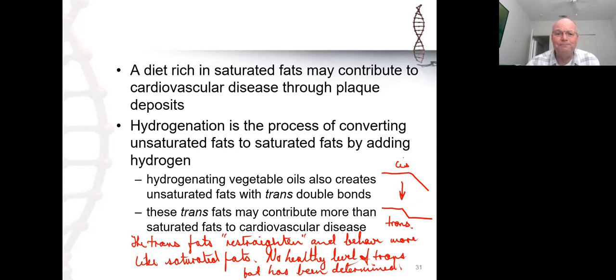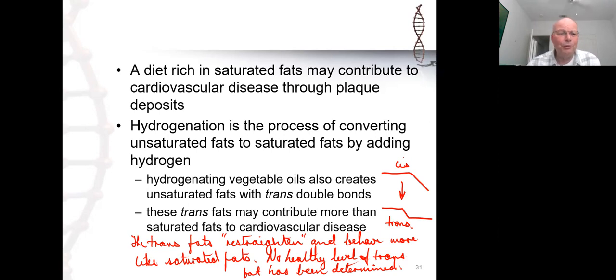But people like Crisco as an alternative to animal fats as a fat ingredient in cooking. But it is a hydrogenated fat, and it does contain trans fats. So you might want to think about that if you're thinking in terms of taking in trans fats versus saturated fats. Saturated fats are actually better for you than trans fats, as far as we can tell.